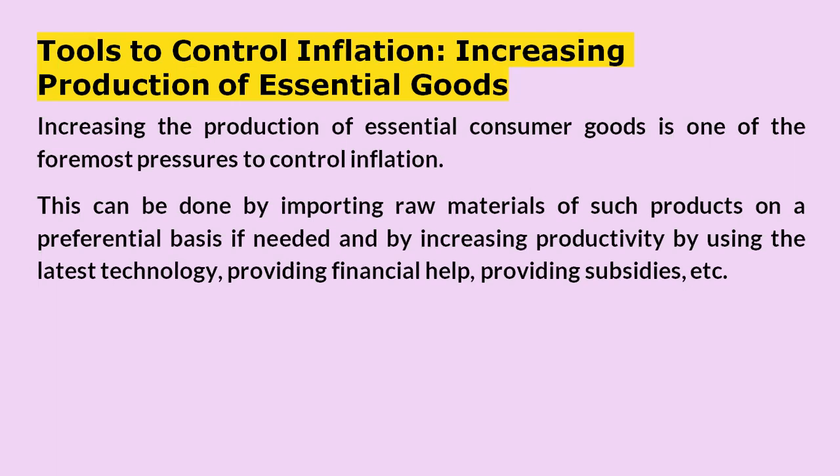This can be done by importing raw materials of such products on a preferential basis if needed, and by increasing productivity by using the latest technology, providing financial help, providing subsidies, etc.